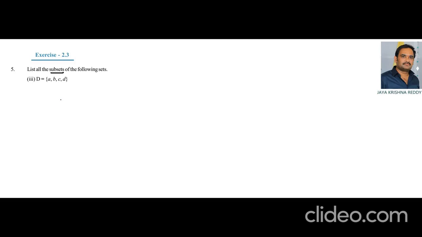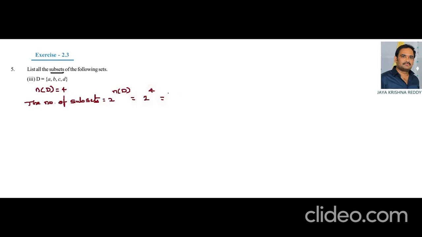Let us solve one more question. Set D has 4 elements, A, B, C and D. So n of D, the number of elements in set D, equals 4. So the number of subsets equals 2 to the power of n of D, because the name of the set is D. n of D is nothing but 4.